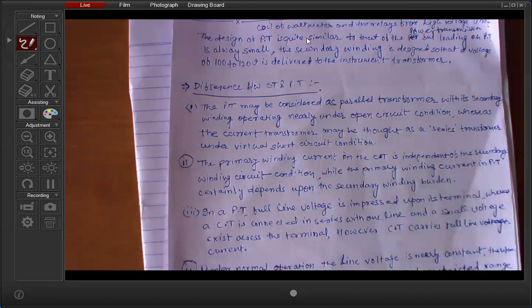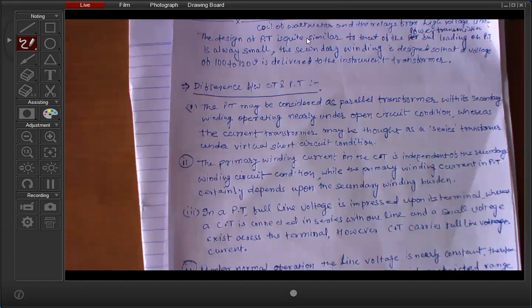As I told you, suppose you have connected the current transformer in series with the load, so the primary winding is in series with the load, and across the secondary winding you have connected an ammeter. So there is no change in the load on the secondary side, but the primary winding current depends on the load current.